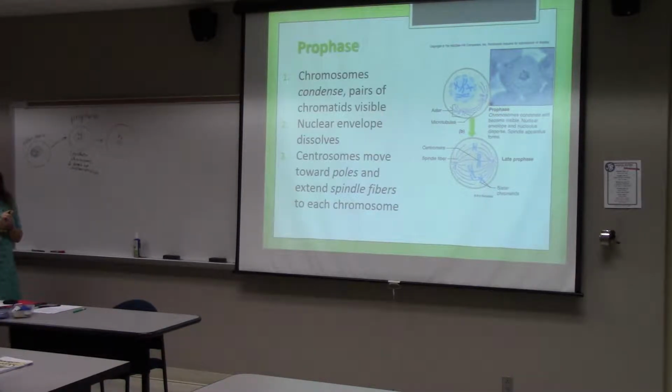So by the end of prophase, we've got chromosomes loose in the cytoplasm without an envelope around them.